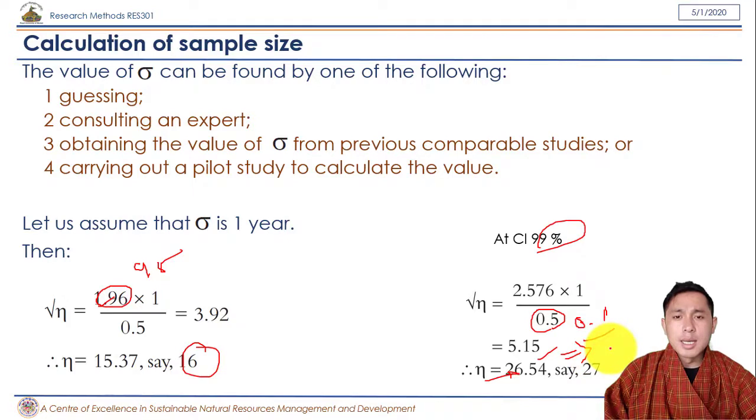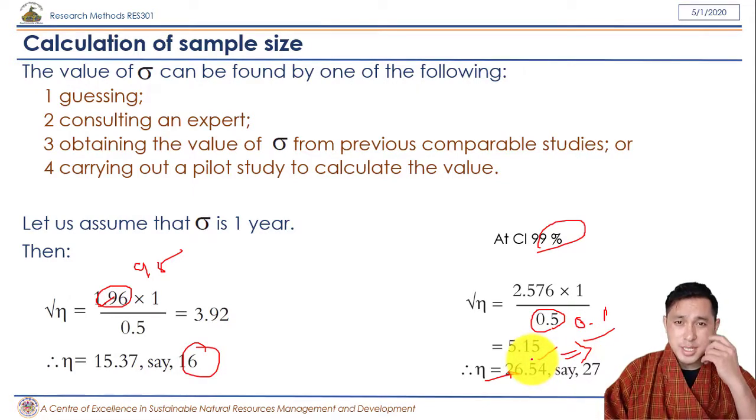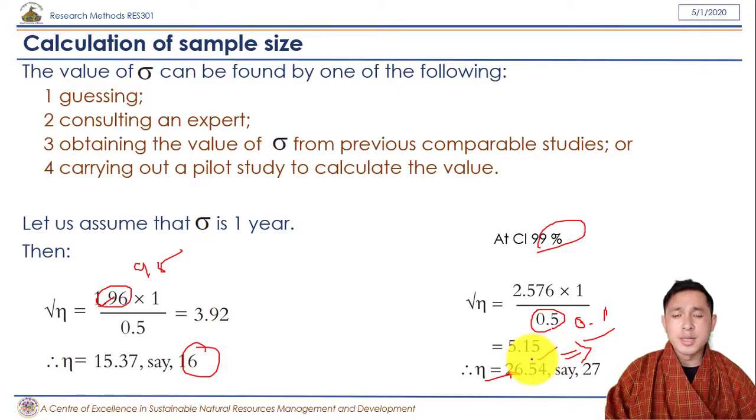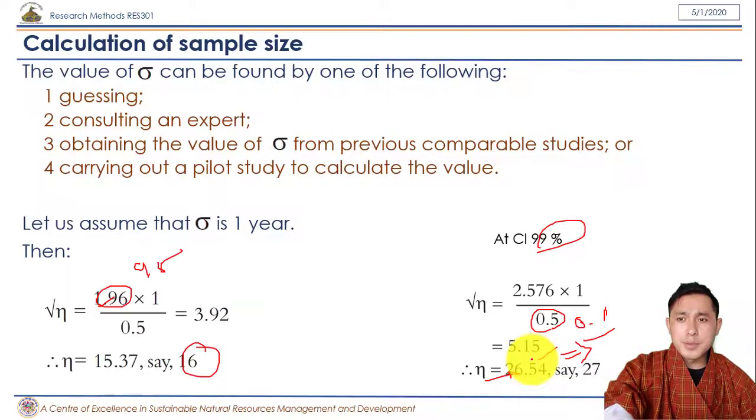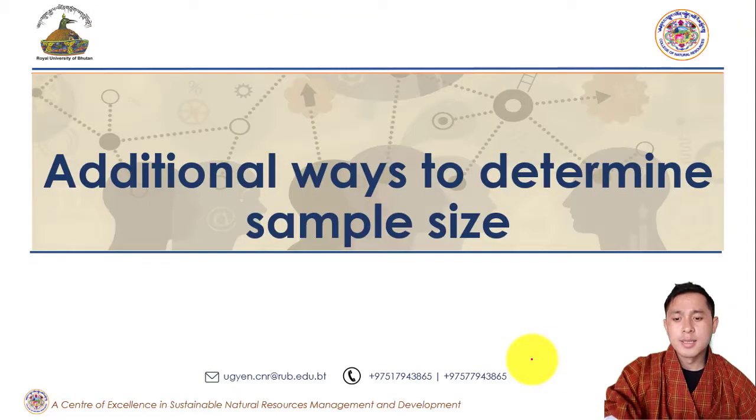So again, the sample size can be increased. So higher the level of accuracy that you want, then the higher sample size. So use this formula to generate your sample size, because this formula takes into consideration standard deviation, level of accuracy, as well as confidence interval.